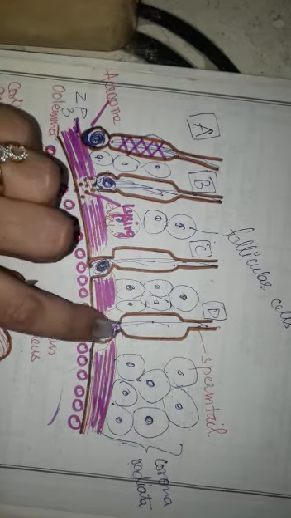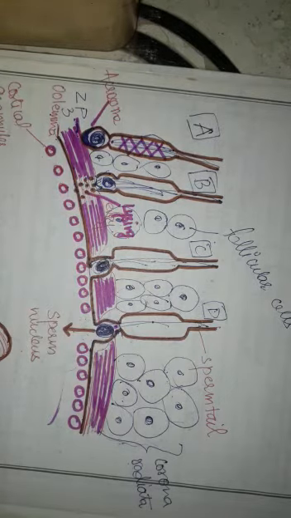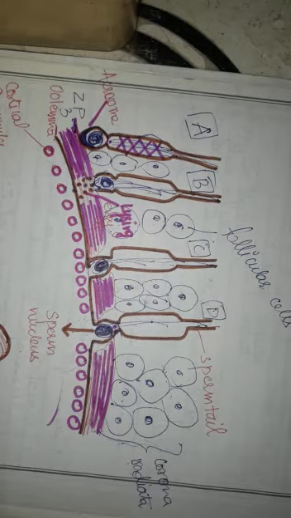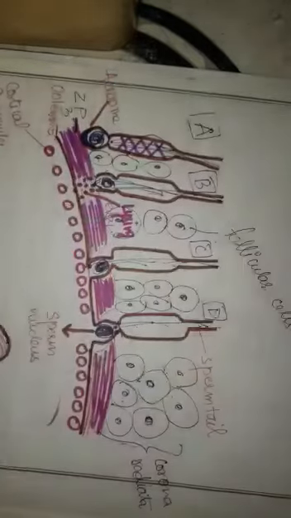So in the sperm entry, the centriole of the sperm forms the mitotic spindle because the egg lacks the centrioles. Now the fourth step is the karyogamy or the amphimixis.